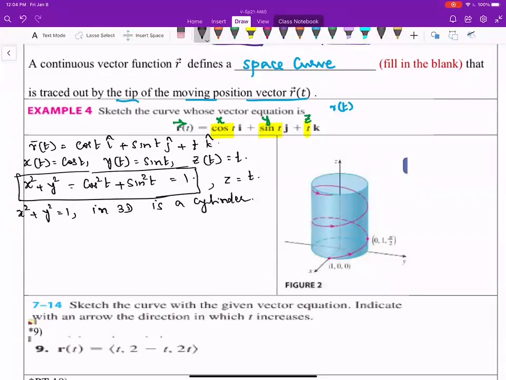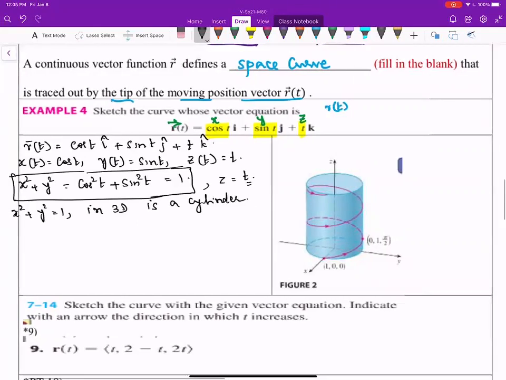So you have a space curve here. Let's substitute t equal to 0. You get x of t equal to cosine of 0, which is equal to 1, y of t equal to sine of 0, which is equal to 0, and z equal to t, which is equal to 0.